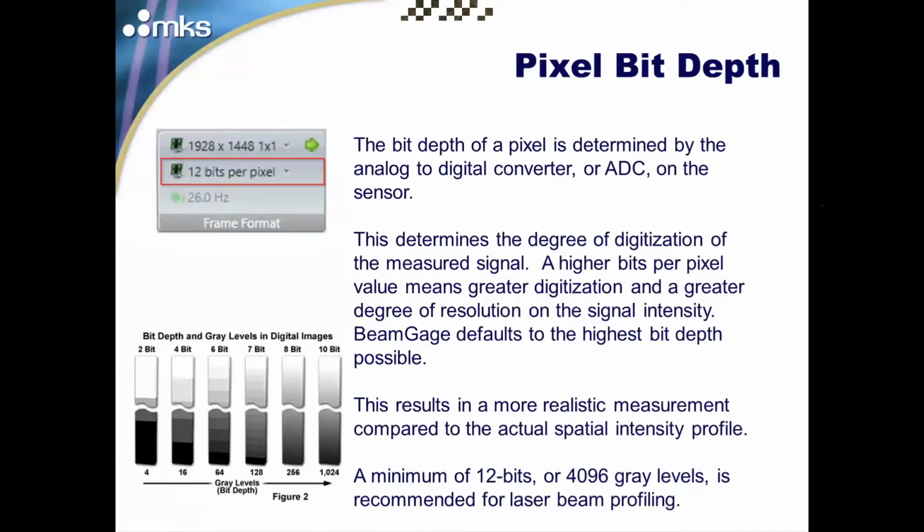BeamGage will automatically default to the highest bit depth possible, and we recommend a minimum of 12 bits or 4,096 levels per pixel for beam profiling. There are systems out there that will measure at 10-bit or 8-bit, but at 8 bits, you only have 256 possible counts. And so your vertical resolution on your beam just isn't really there.